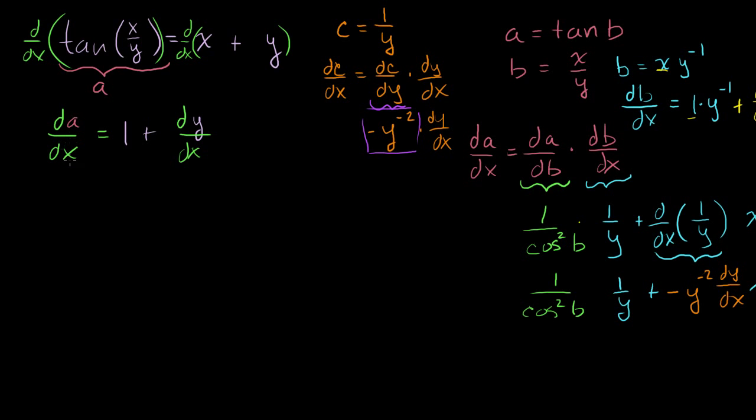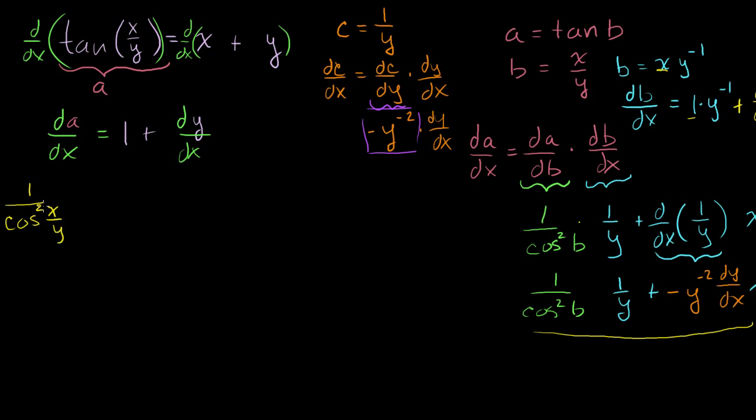So we solved dA dx. That is equal to this expression right here. So let me write it. It's equal to 1 over cosine squared of b. Well, what's b? I wrote it's x over y.